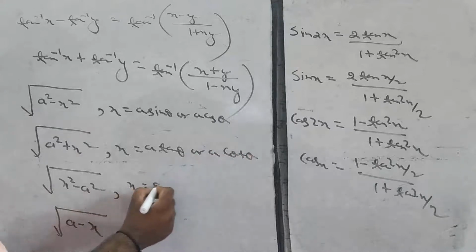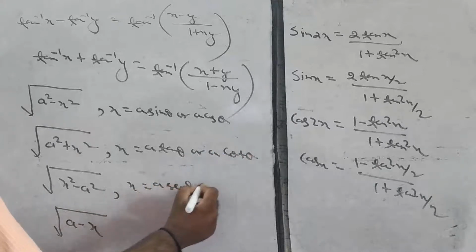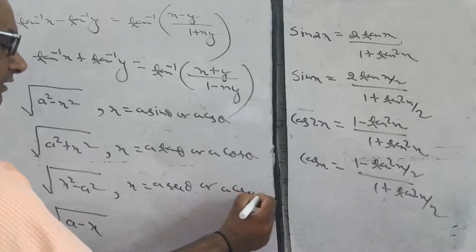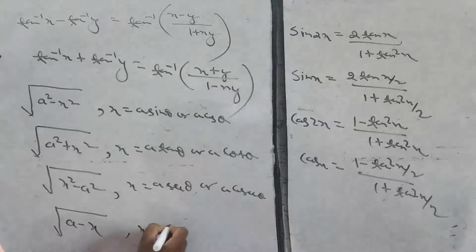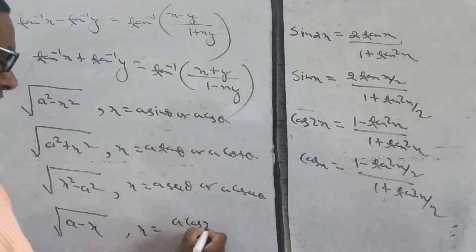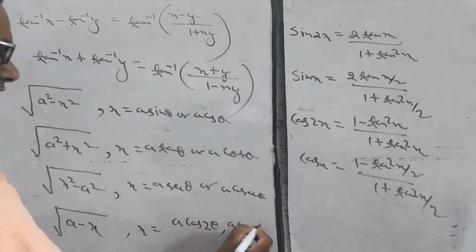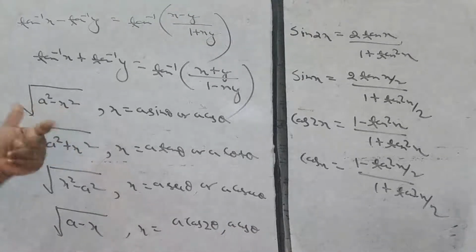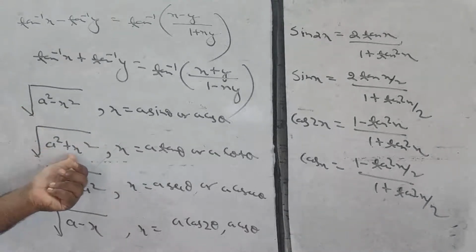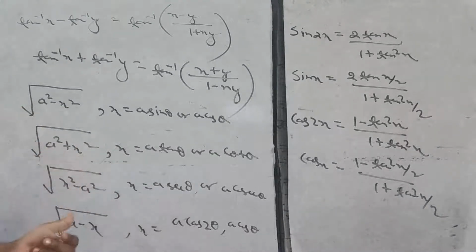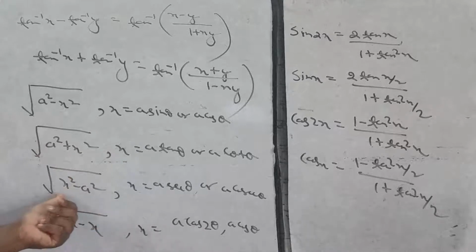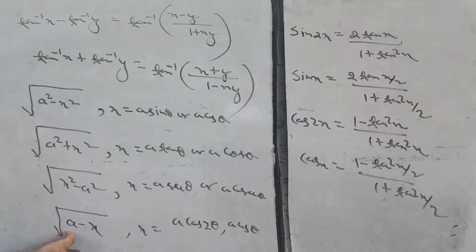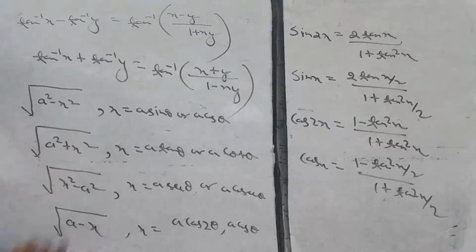Here x is substituted by a sec theta or a cosec theta. Or here x is substituted by a cos 2 theta or a cos theta. Why? Because 1 minus sin square theta, 1 plus tan square theta, 1 plus cot square theta, sec square theta minus 1, cosec square theta minus 1, and 1 minus cos 2 theta, 1 plus cos 2 theta give squares, and then easily we can break the square root and take out. So you must keep this in your mind.